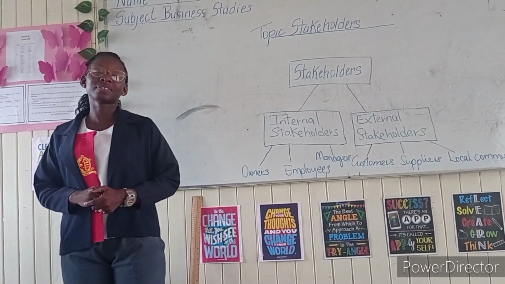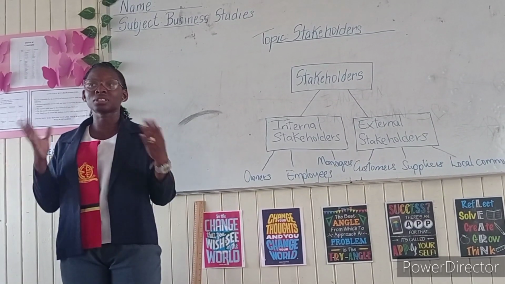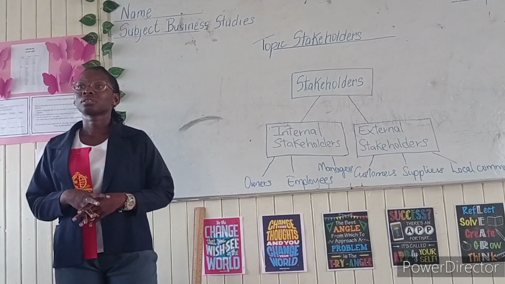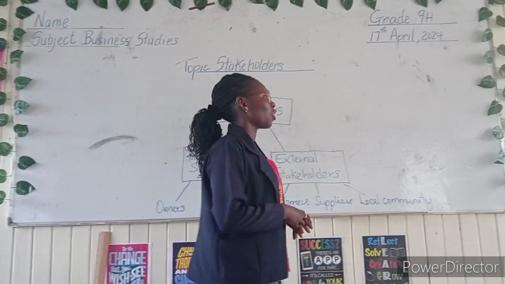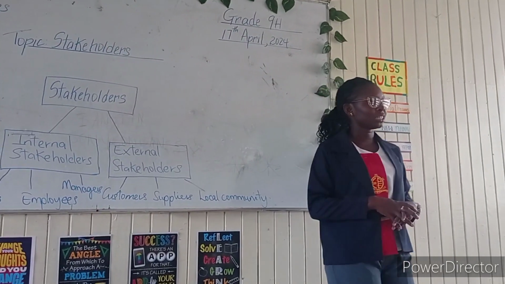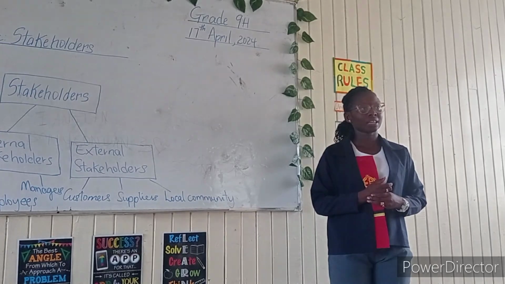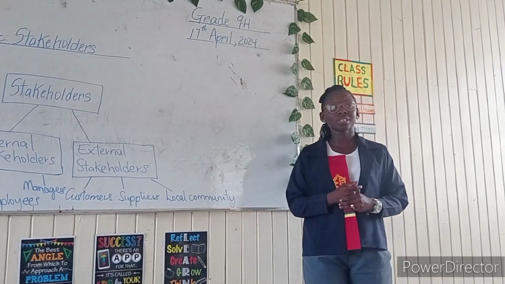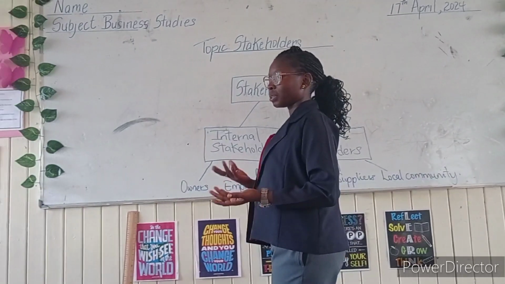The two types of stakeholders are internal stakeholders and external stakeholders. Our internal stakeholders are persons like the manager and the owner of the business. Correct. And our external stakeholders are our suppliers, and then we have the local community.